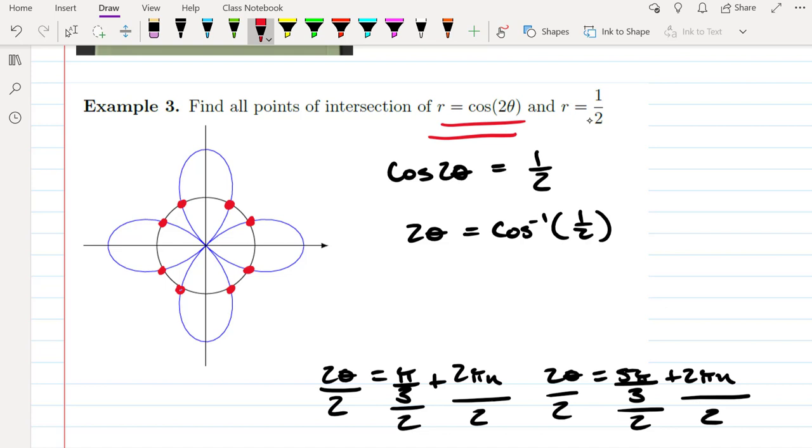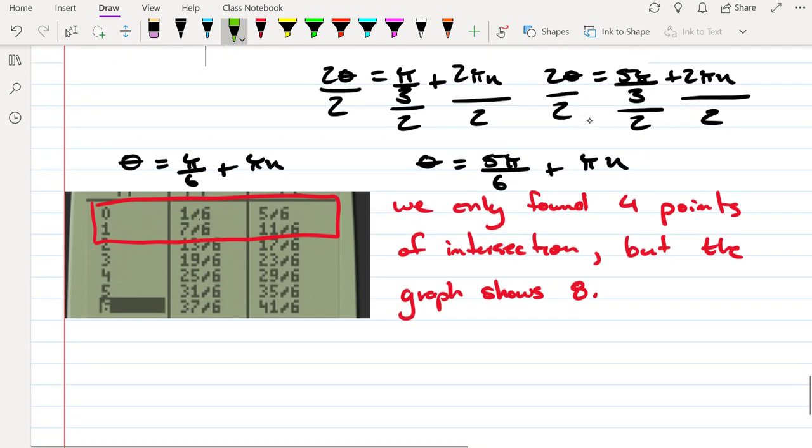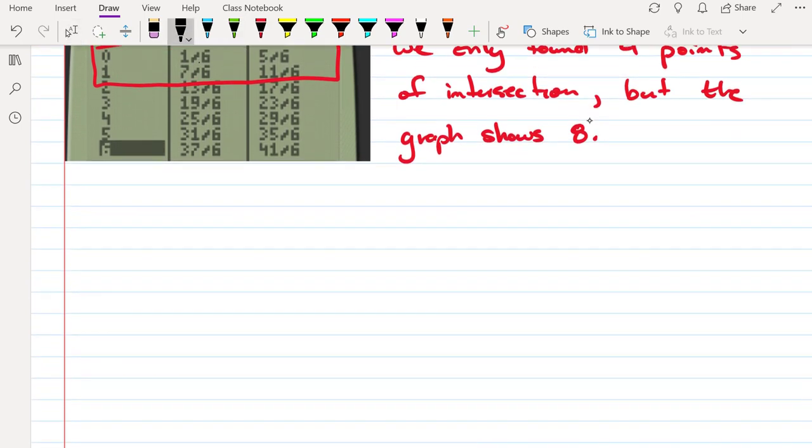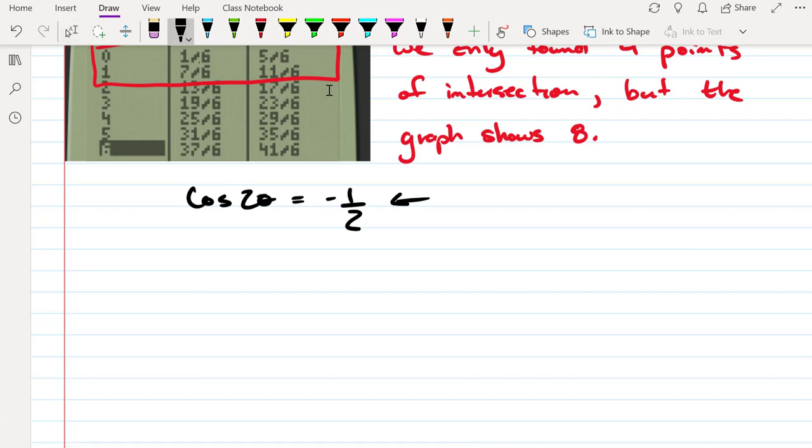So we also need to solve cosine 2 theta is equal to negative 1/2. And so if we set up that equation where we have the cosine of 2 theta equals negative 1/2 and solve, this will give the 4 missing solutions.